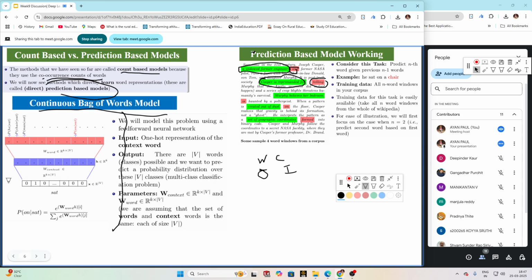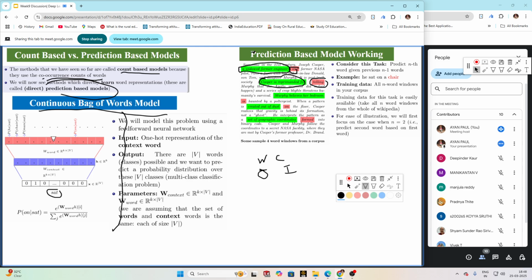There is this one hot representation of the word sat. Sat is the context word. You are interested in finding the word that comes after sat. So we are taking a window of k equals 1 only, because we take one word as the context and want to predict the word as the output.